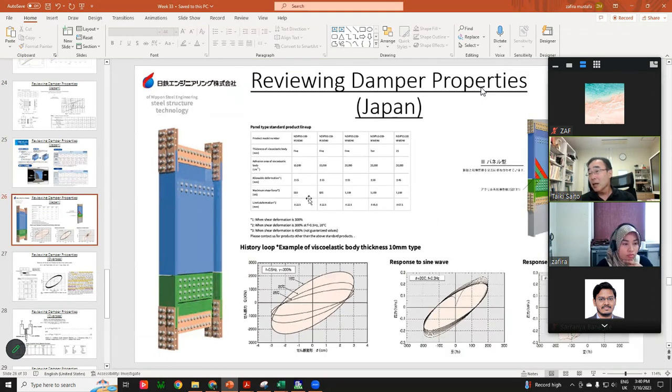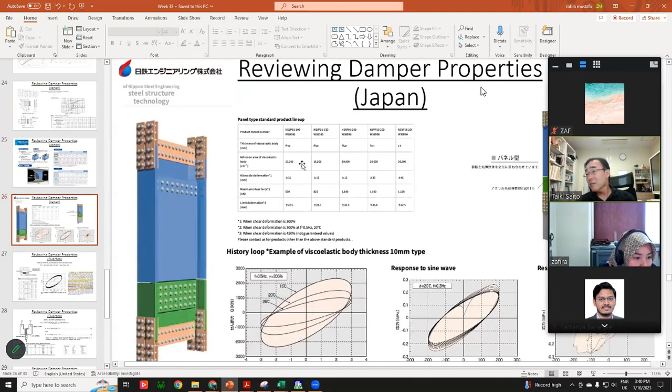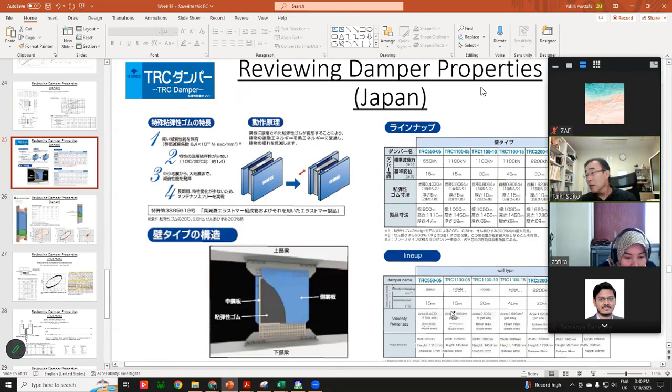And is there any difference in the parameters? What is the C value here? Damping coefficient. Only this is shear force, maximum shear force. And this one is about size.